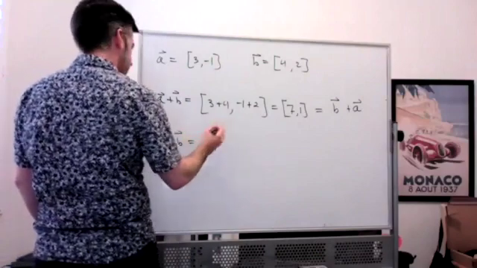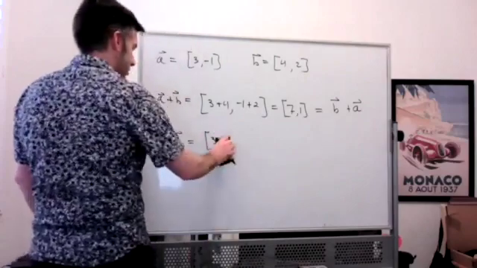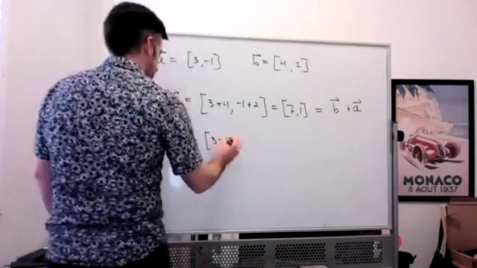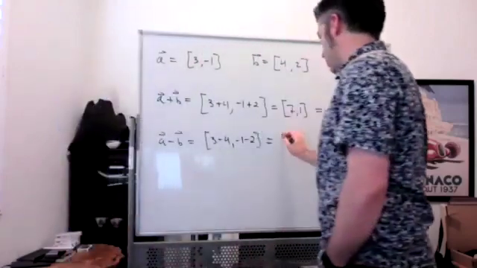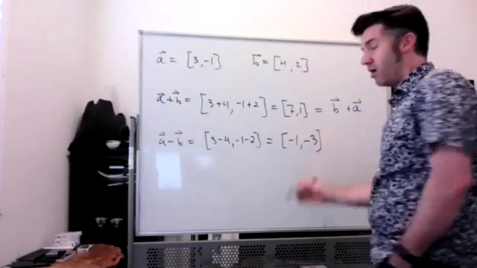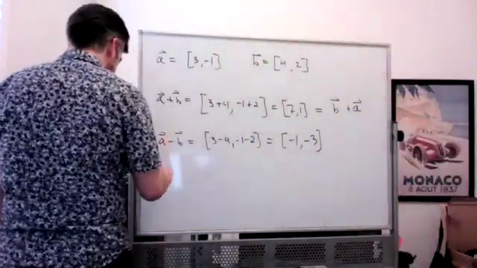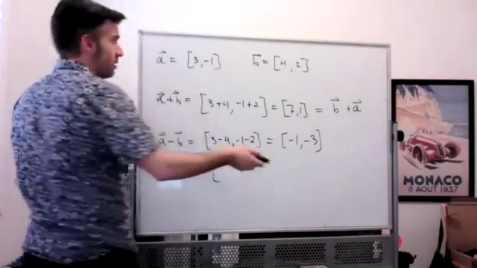That's going to be 3 minus 4, comma, -1 minus 2, which gives us the vector -1, -3. On the other hand, if we did B minus A, we would get the vector, let's see, let's just do it.